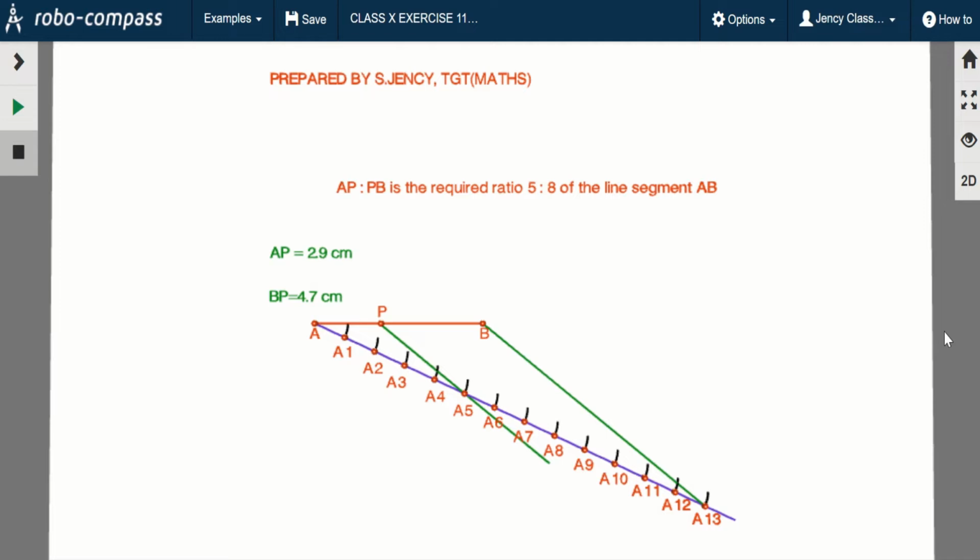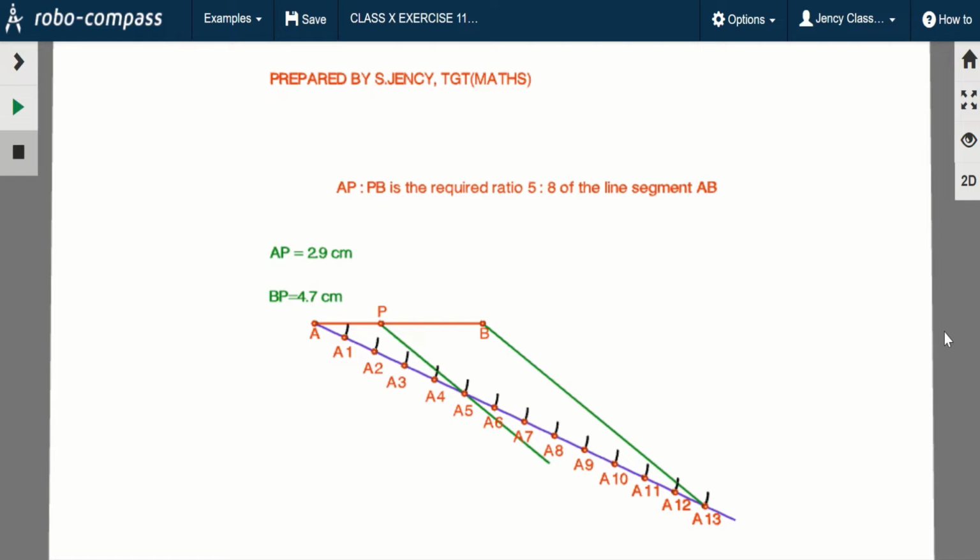Clear? First we have to draw a line segment with the measurement of 7.6 centimeter. Then we have to draw an acute line. Next, with A as center, I have to draw one arc with some radius, that is A1. From A1, without changing the radius, I have to draw A2 till A13, because 5:8 ratio, 5 plus 8 is equal to 13.